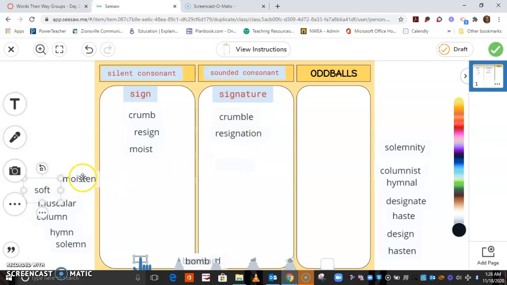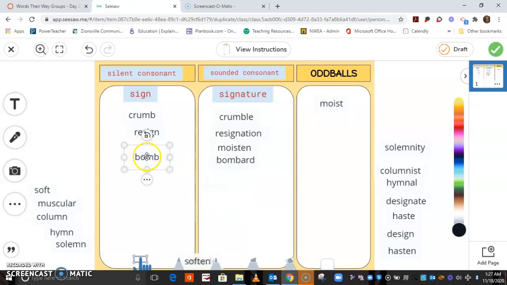Oops, took the wrong word. Now, is there anything silent in the word moist? We have that OY that together makes that sound, oi. Moist and moisten. Okay, this guy is an oddball because you still hear all of its sounds, right? Okay, how about bomb and bombard?